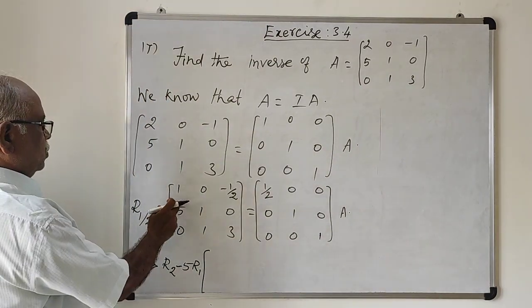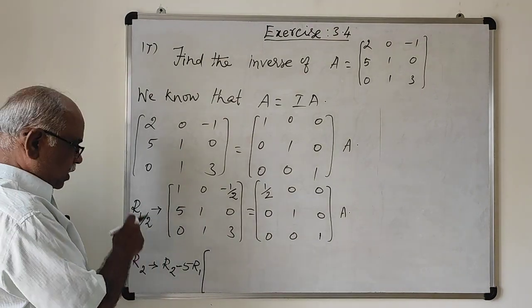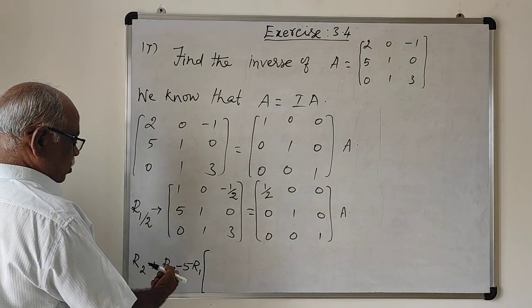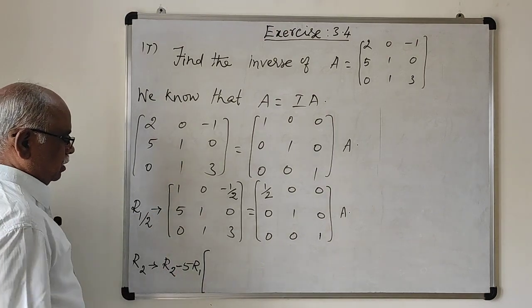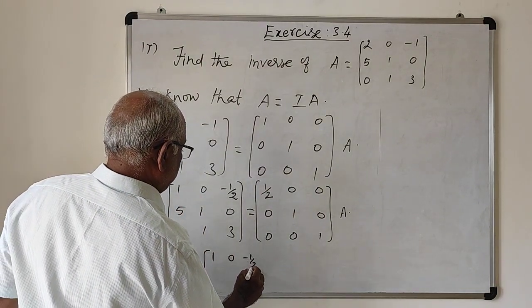Next, I want the second row, first column element, this 5, to become 0. For that, I rewrite R2 as R2 minus 5 times R1. The first row is as it is: 1, 0, minus 1 by 2.